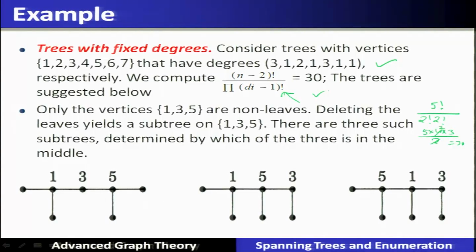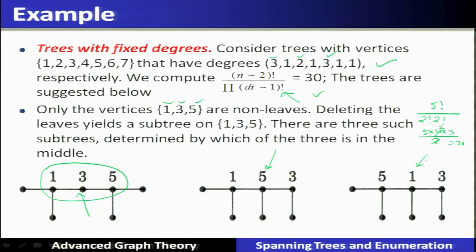Now, out of these 30 trees, we can see that only the vertices 1, 3 and 5 are non-leaves, they will be the internal nodes. So, deleting leaves will yield a tree on 1, 3, 5, and there are 3 such subtrees possible, where in the first tree the center is 3, in the other one the center is 5 and in the third one the center is 1.